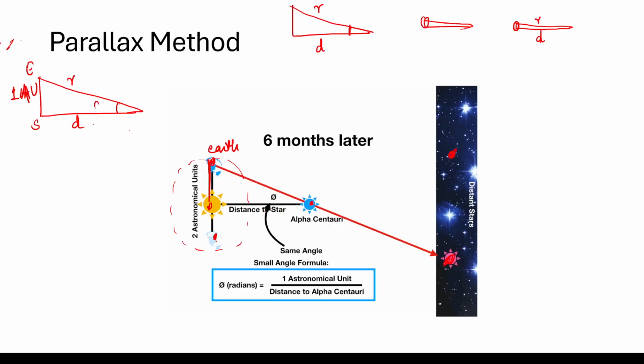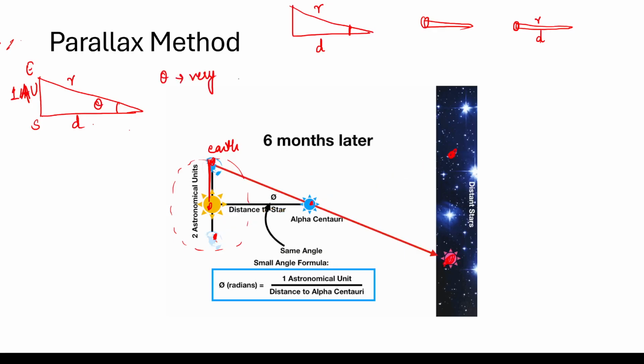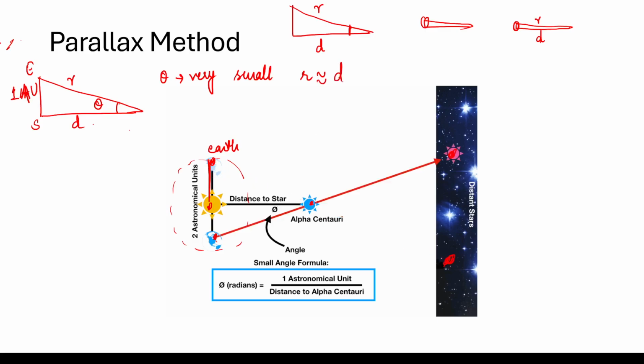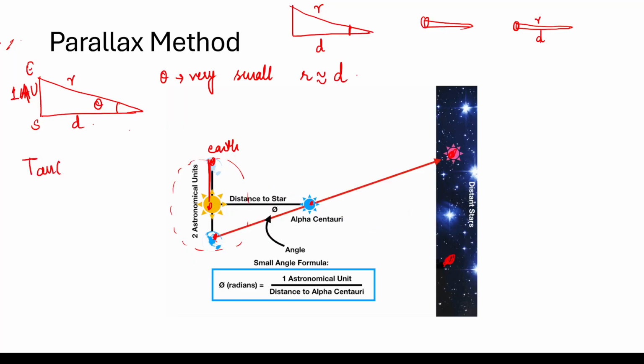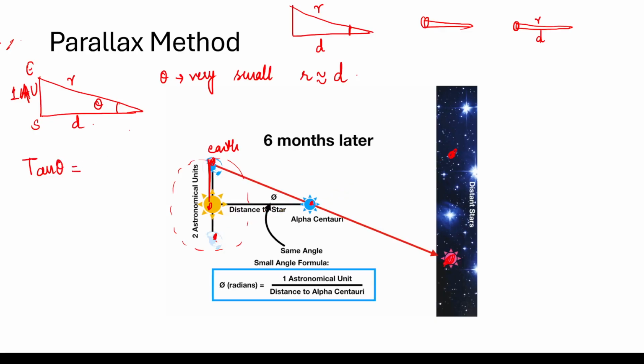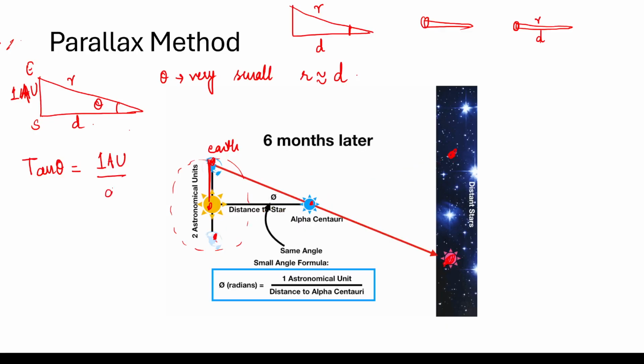Now let's say this is theta. Theta is very small. So R is nearly equal to D. Now I'm going to write here. You know your trigonometry. Can I write tan theta as 1 AU over D?